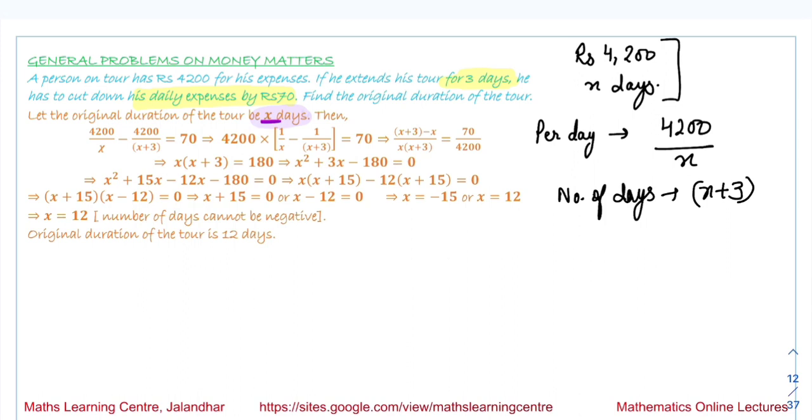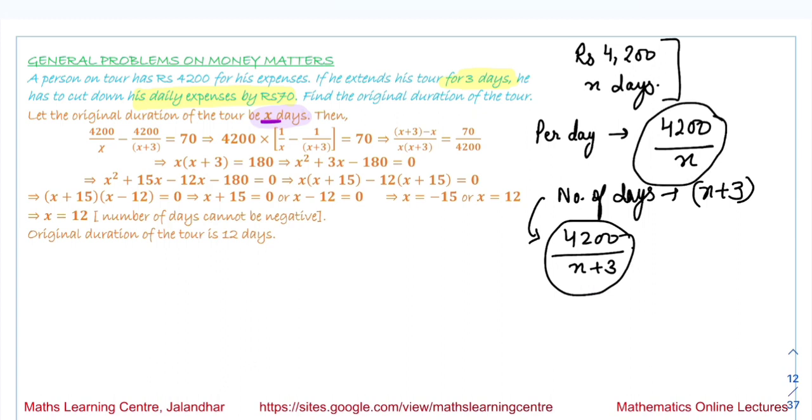So the new daily expenses that he will have is 4200 over x plus 3. This is the new daily expense and this is the old daily expense. Now he has to cut these daily expenses by rupees 70.